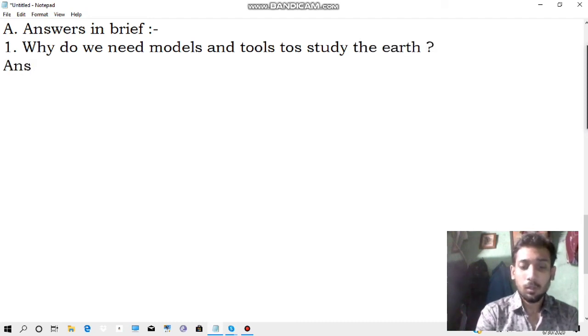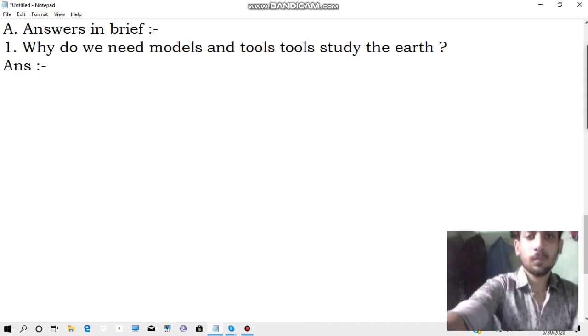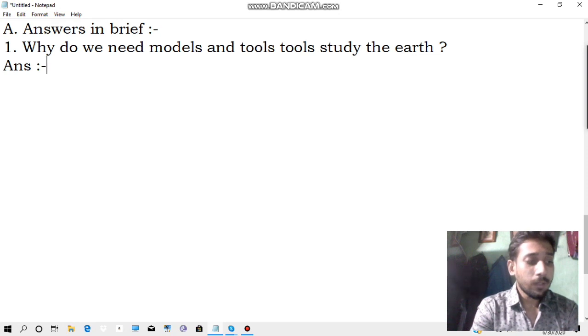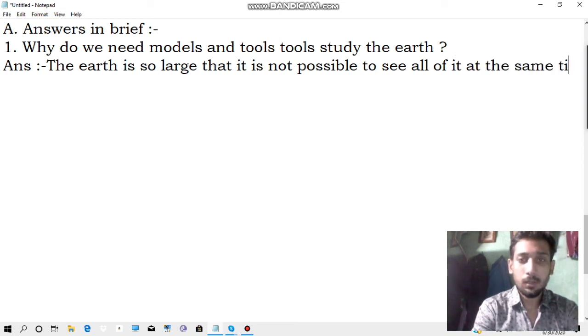The answer will be: the earth is so large that it is not possible to see all of it at the same time.